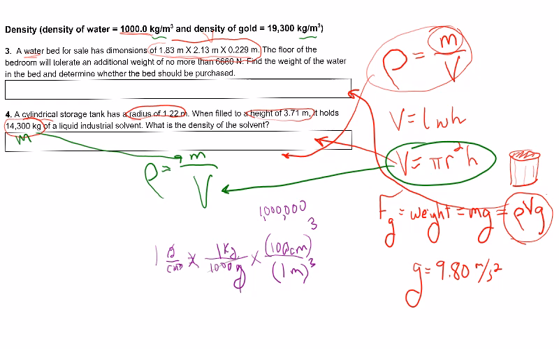The 1,000 down here will cancel out the 1,000 there. So actually what I meant was, I'll say that again because I think I got cut off. 1 gram per cubic centimeter is 1,000 kilograms per cubic meter. Hope that helps.